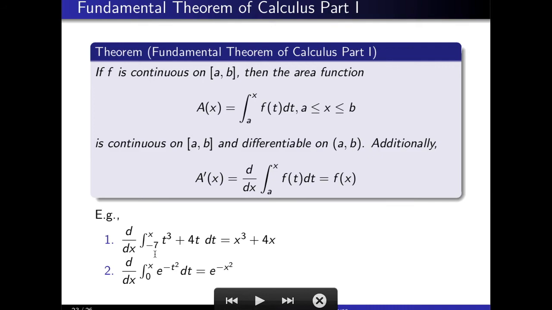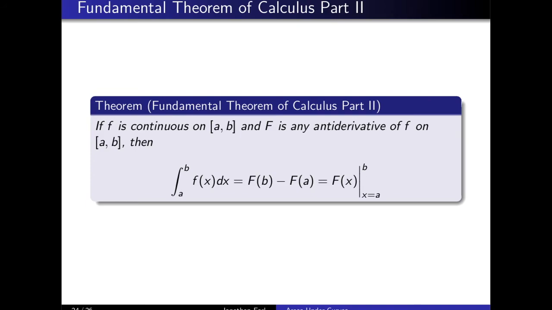So you put a minus sign out in front and then get the minus 7 down below, the x up top. Doing that, we just take the function on the inside and evaluate it at x. So we replace the t's with x's, and get x cubed plus 4x. And then for the second example, same thing. We get e to the minus x squared.